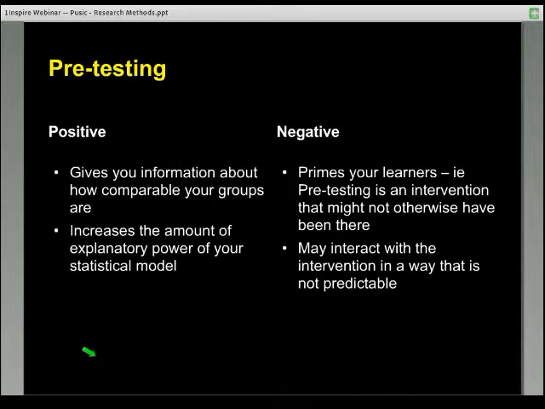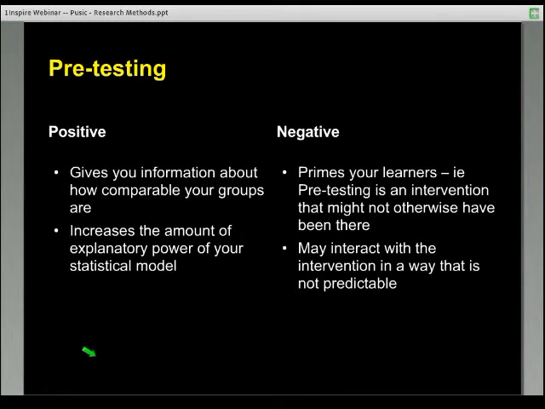But consider the negatives of pretesting. In essence, a pretest is an intervention. When you give a pretest, it basically primes your learners, and it makes them pay attention to certain things, so that when the intervention comes along, or even when the control comes along, they are different from what they would have been like if there had been no pretest.